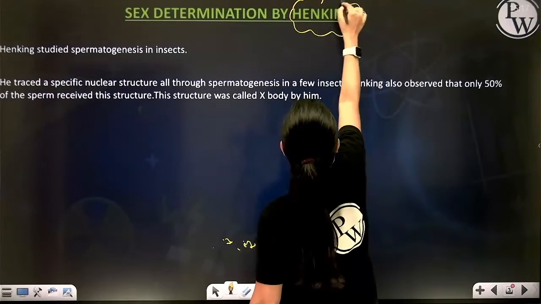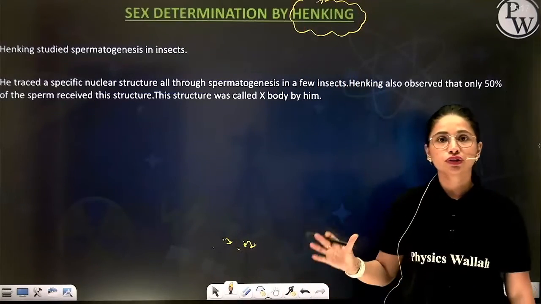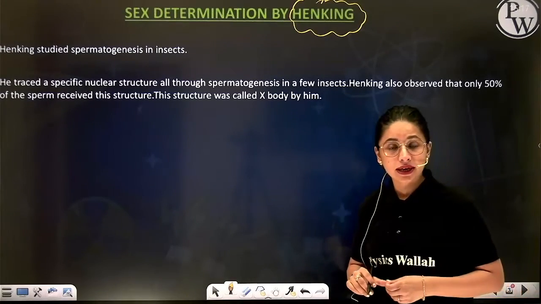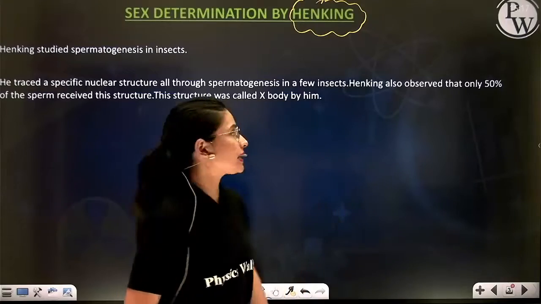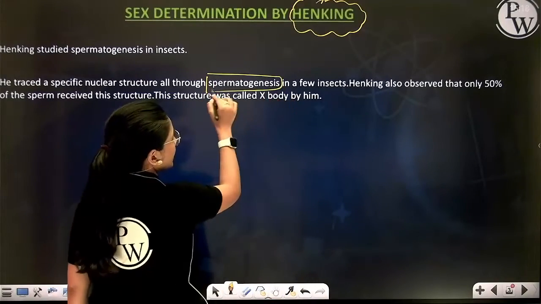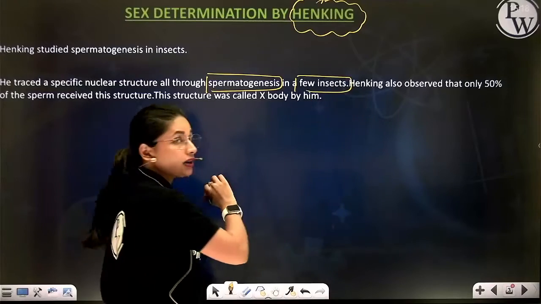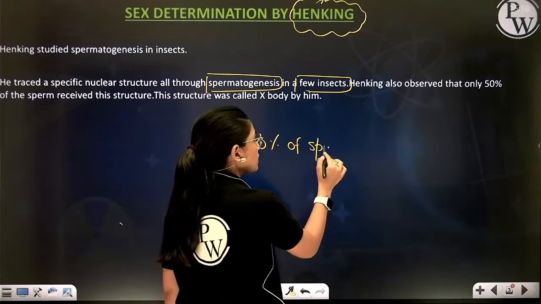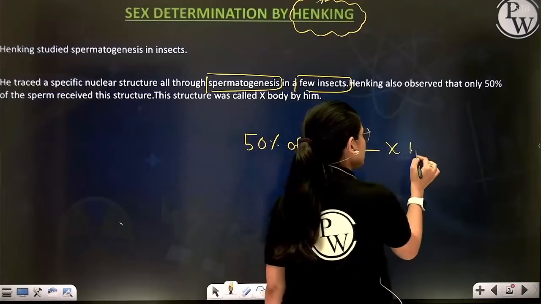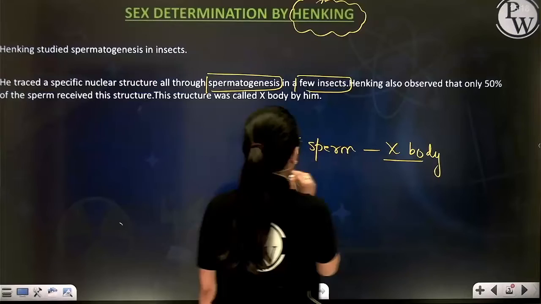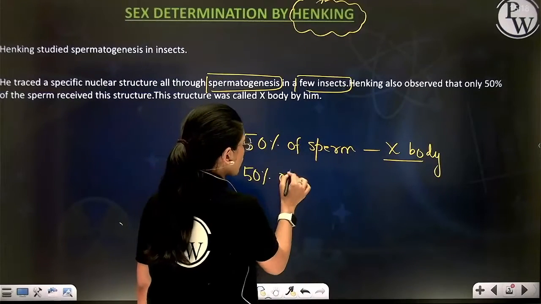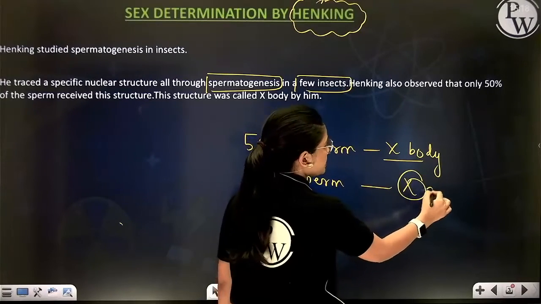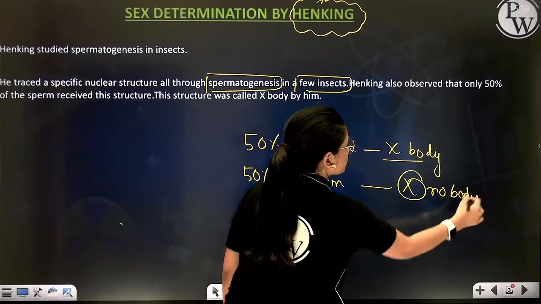So Henking was the person who introduced the concept of sex determination, in which he was studying the spermatogenesis in some insects, where he found that 50% of the sperms were receiving the specific X body which he was tracing, and 50% of the sperm were not receiving these X bodies, right?